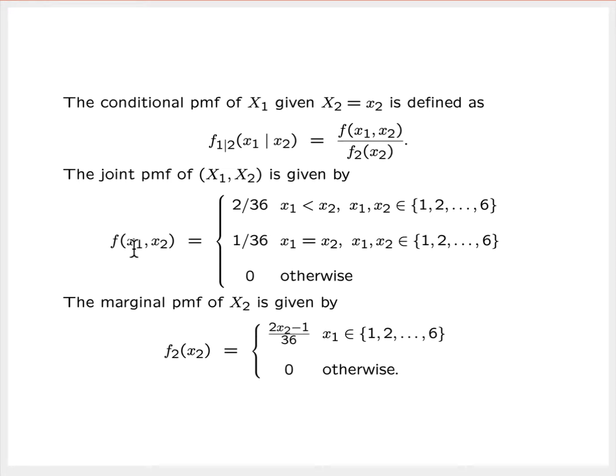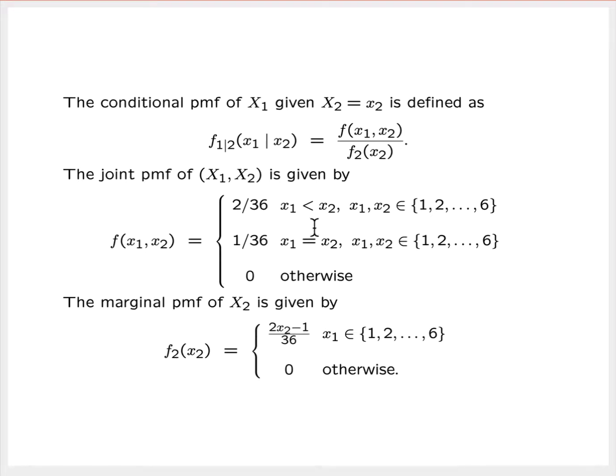Now you'll recall that the joint PMF of x1 and x2 is given by the following representation. It's equal to 2 over 36 if x1 is strictly less than x2, and x1 and x2 are both integers 1 through 6. It's equal to 1 over 36 if x1 and x2 again are both integers from 1 to 6, and x1 is equal to x2, and it's 0 for any other combination of the values of x1 and x2.